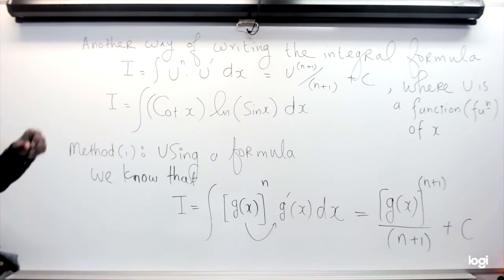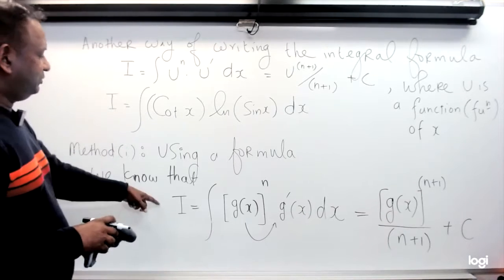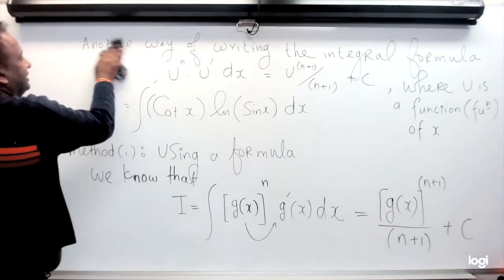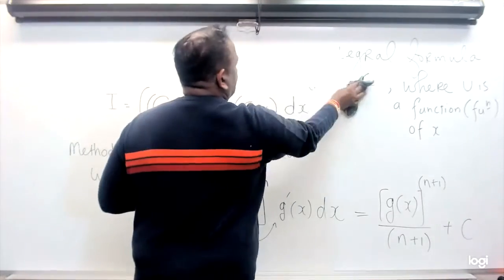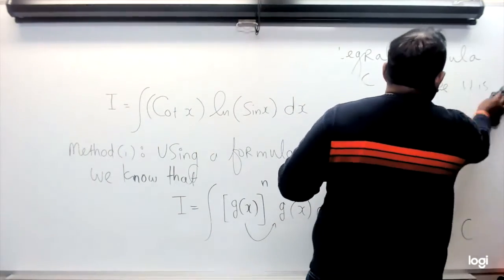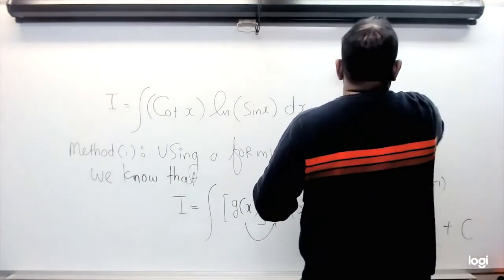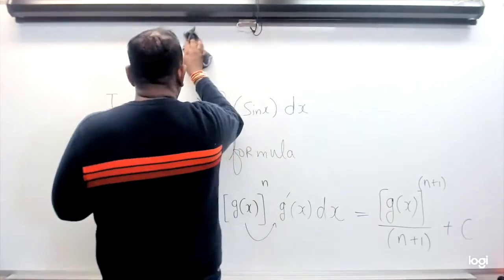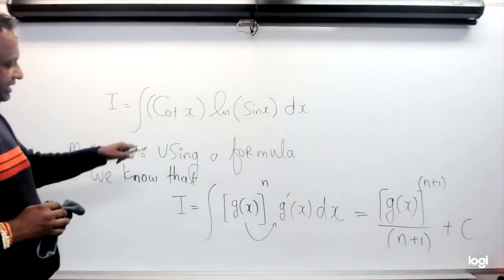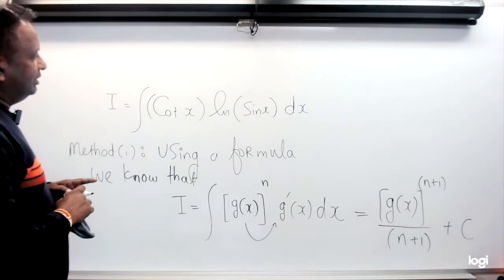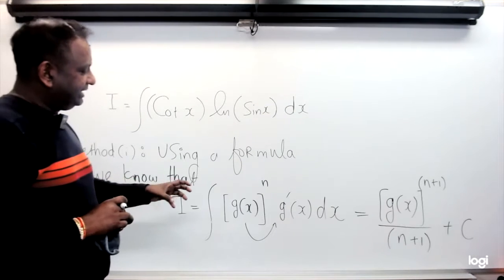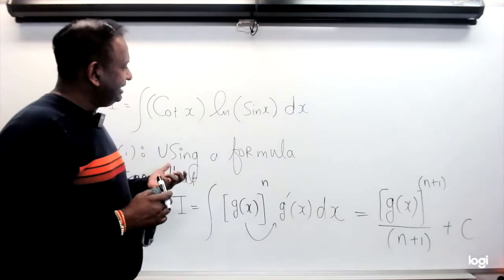Either that formula or this formula. I'm going to erase this one and this one too, and see which one we're going to pick from here as I try to use this formula. So who will be taken as g(x) and what is my n?